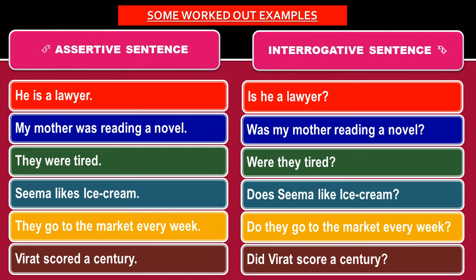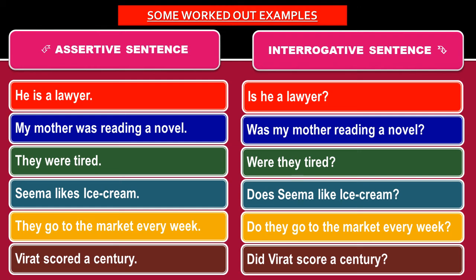Now in the fourth sentence, we do not have any auxiliary verb. So we have to find the main verb. Here the main verb is likes. Likes is in present tense. Since S is added to the main verb, it indicates that it is in present tense. Now the question is whether we will use do or does. Seema is the name of a girl, which means it is third person singular number.